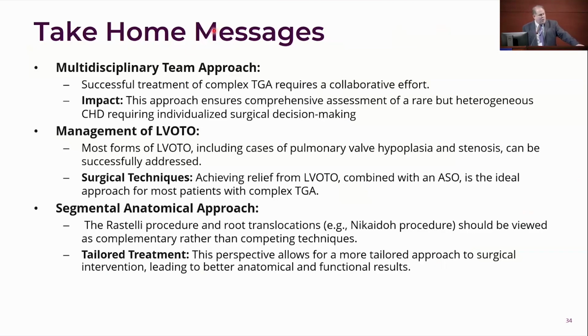And for taking home, this is a team approach, as you saw everybody talking: the 3D models, reviewing the images. Management of the LVOT always requires visualizing the pulmonary valve and the right ventricle to have a very successful approach. And there's no one size fits all surgery.